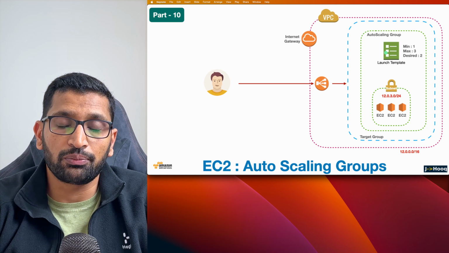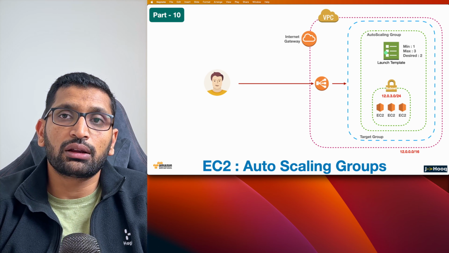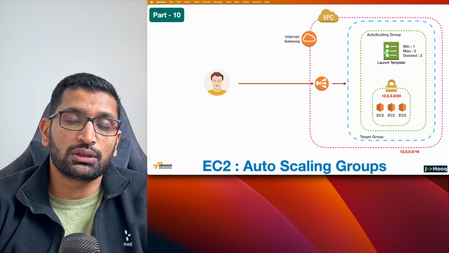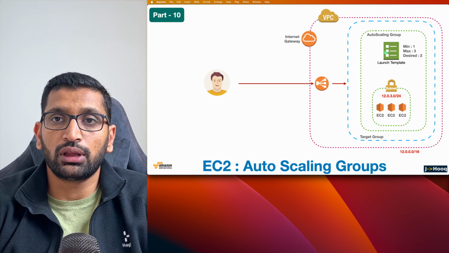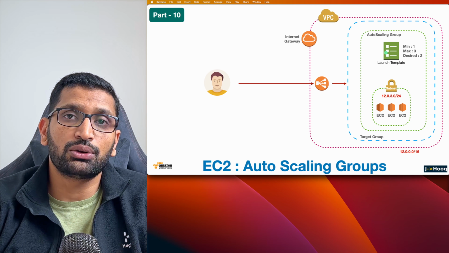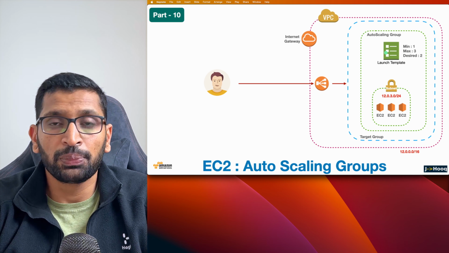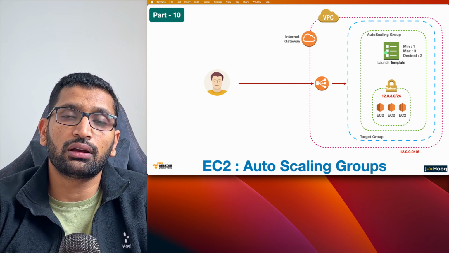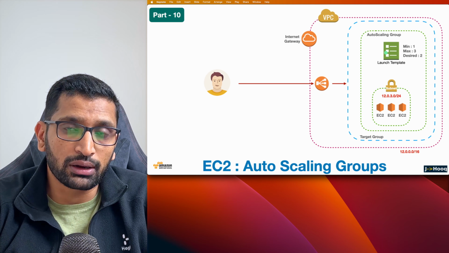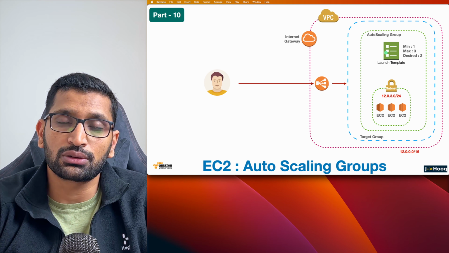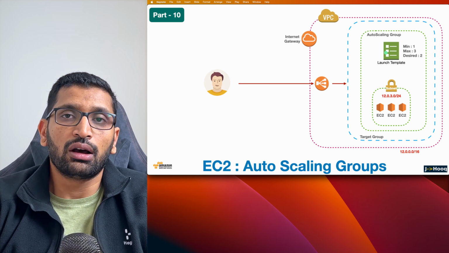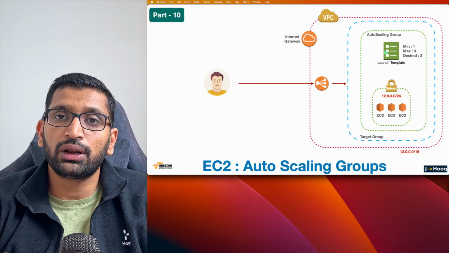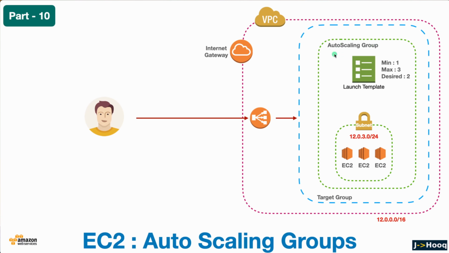This will contain primarily the instance type like a T2.micro, your AMI, whether you are going to use Ubuntu, CentOS, or Red Hat, your security groups also, and you can specify whether you want to assign a public IP address or not. These are some details you can specify in the launch template, and then the auto scaling group is going to use the launch template to create the EC2 instances.